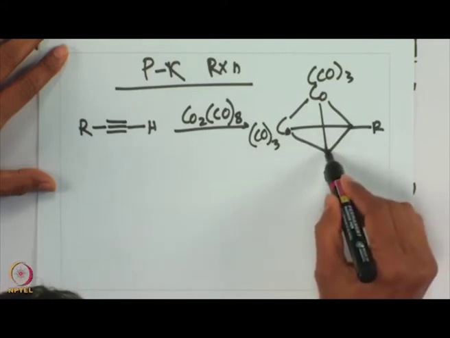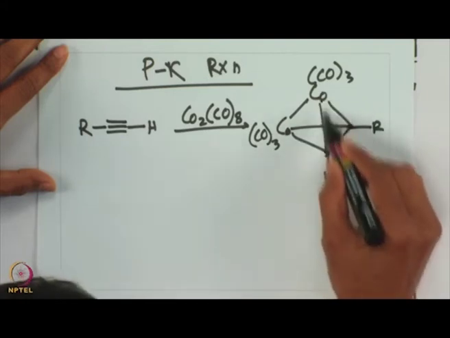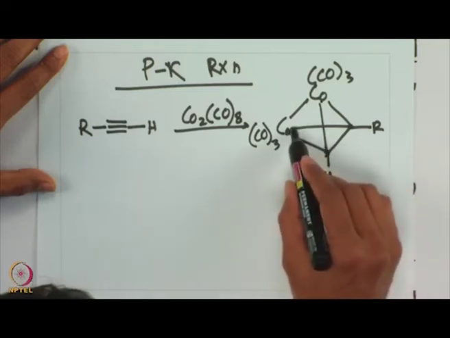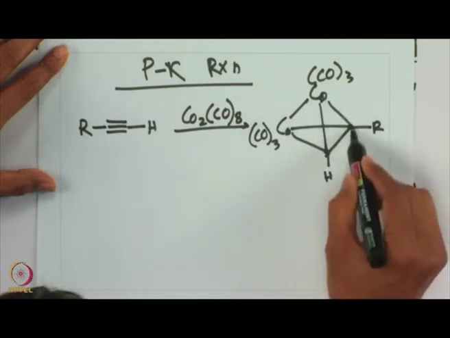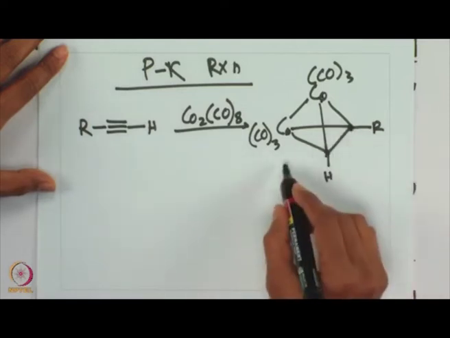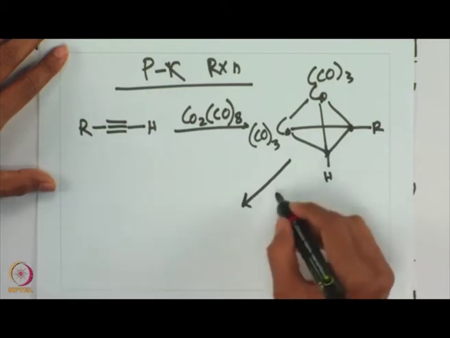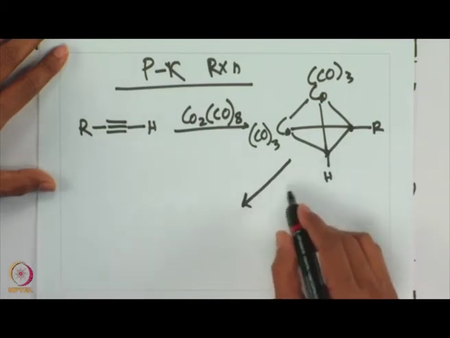This cobalt is interacting with this carbon, and this cobalt is also interacting with that carbon. There is a bond between them. This is the insertion that controls the regiochemistry.